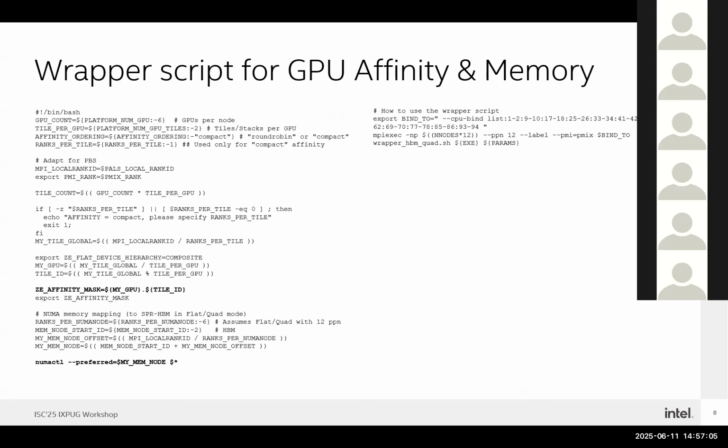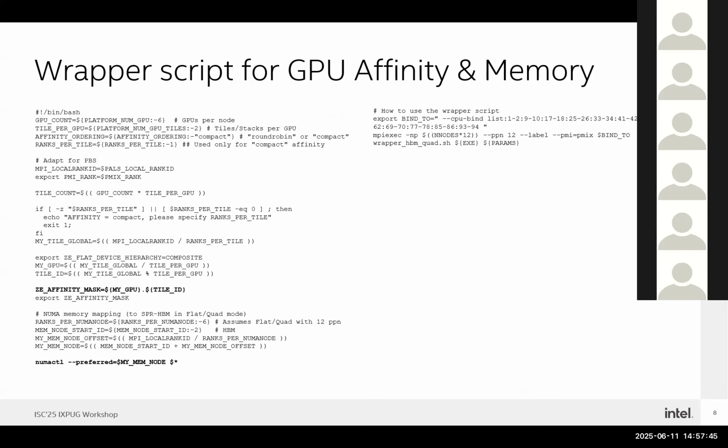And how do you map to a specific GPU? Typically, we use something like shown here on the left, which is the code for the wrapper script. All the wrapper script does is calculate a specific ID for the tile. For flat mode, you have full tiles. But this one is using hierarchical mode, where they have to determine the core ID, the GPU ID, as well as the tile ID, and it uses a local rank ID for it.